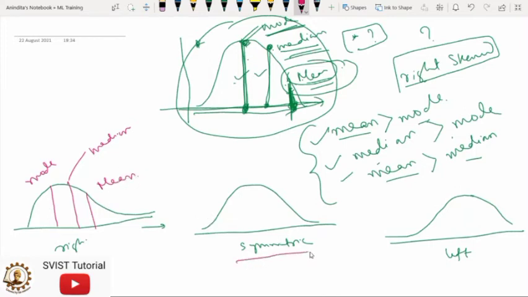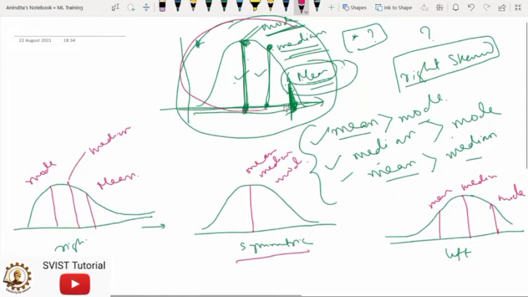And whenever we have symmetric distribution, this is the position where mean, median and mode exist. And for the left skewed one, this is the mean, this is the median, and this is the mode. Before defining the concept of skew, first you have to remember these three diagrams: left skewed, right skewed and symmetric.